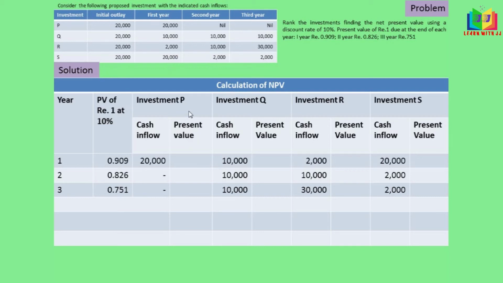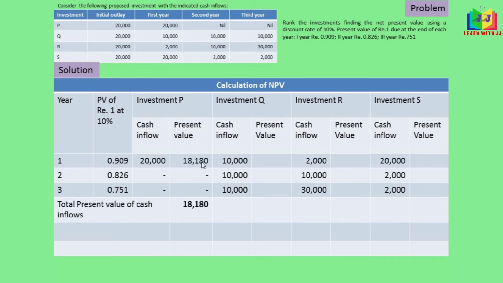Now we have to find the present value of this. For P, Q, R and S, we multiply each cash inflow by the PV factor. For P we get 18,180, and for the second and third year we don't have any inflow. We add all the present values of cash inflows.